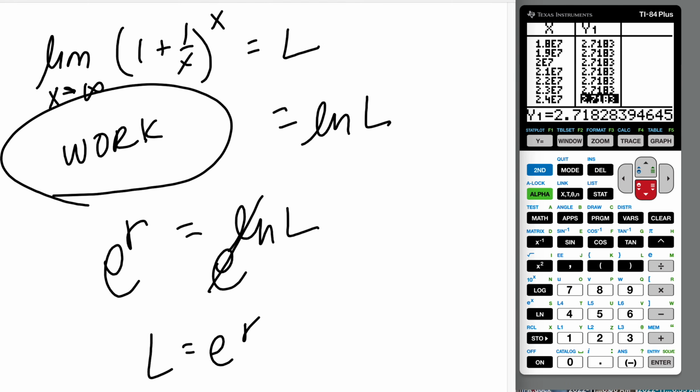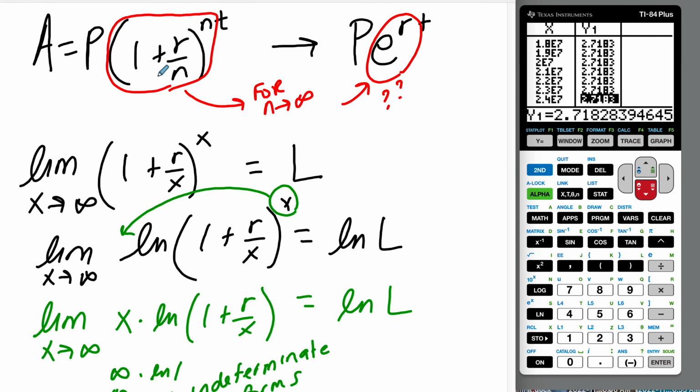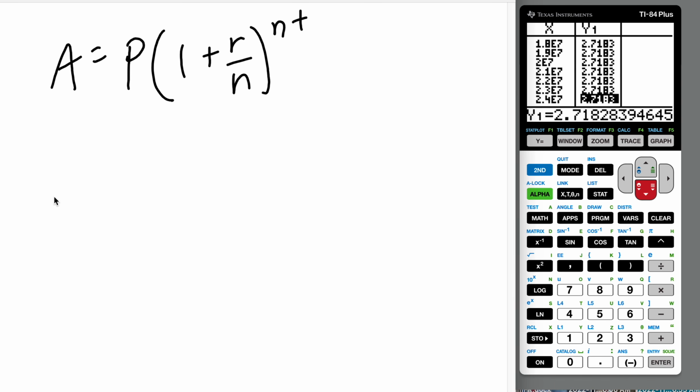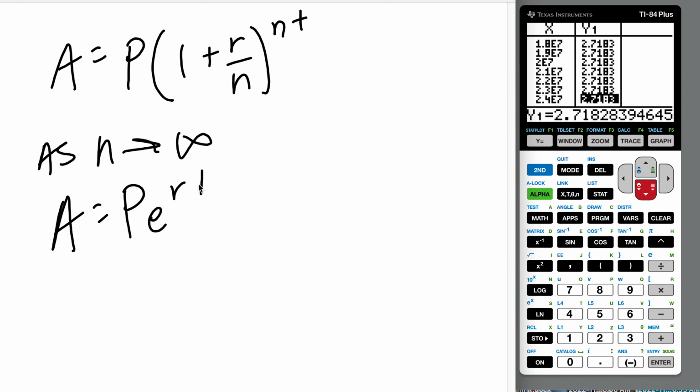So back way at the beginning, I said that we were trying to show that 1 plus r over, in this case, an x instead of an n, all to the x would be the same value as e to the r, and it turns out it is. So using calculus, we can replace this formula where we have P times 1 plus r over n to the nt, as n gets infinitely large, this becomes P e to the rt.